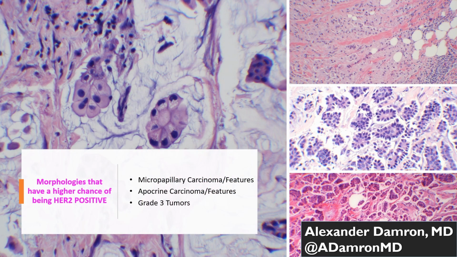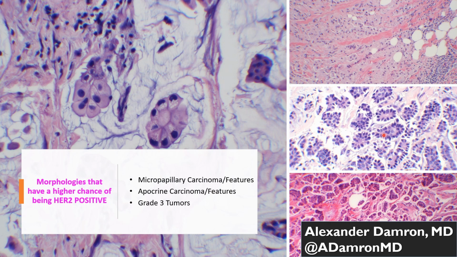The flip side of the coin are lesions that have a higher propensity to be HER2 positive. Now, still, most of these will actually be HER2 negative if you look at the overall biomarker status. But I mentioned earlier about mucinous carcinoma, but keep in mind there are these, quote, carcinomas that have mucinous but yet micropapillary features.